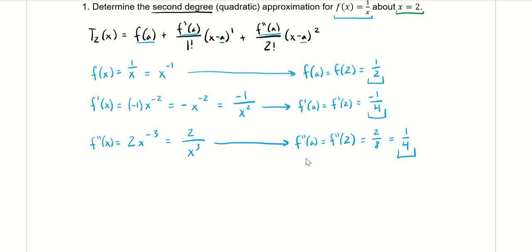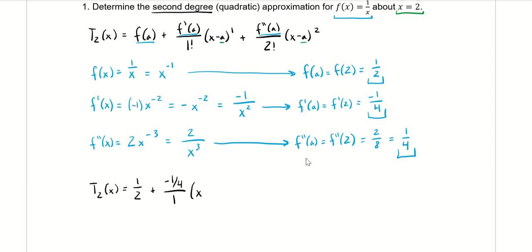So let's plug these pieces into the structure of our second degree Taylor polynomial. f of a, we said, was 1/2, so that goes first. Then I have my first derivative, negative 1/4 over 1 factorial. 1 factorial is just 1, times x minus a to the 1.